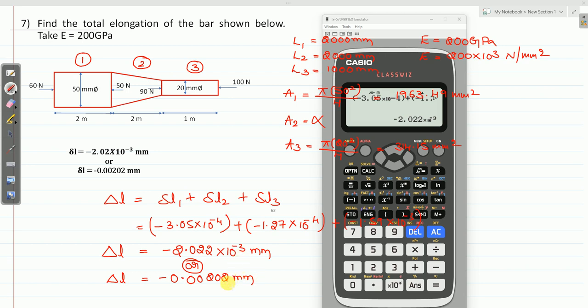Both are the same. See here, this negative sign indicates that there is a decrease in length. If your final answer is positive, then there is an increase in length.